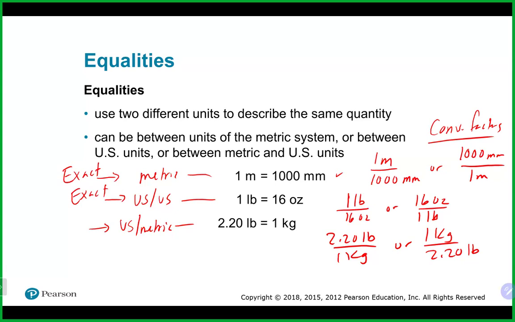When you count the significant figures in this conversion factor, you would look at the 2.20, not the number one, and you would count it as three significant figures. Then you would look at your other numbers in your calculation and make your decision as to how many significant figures your answer should have.